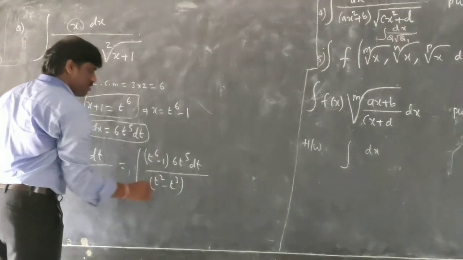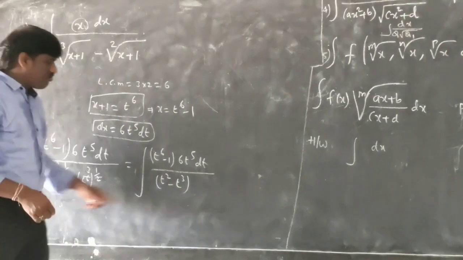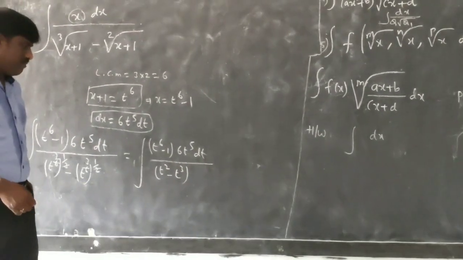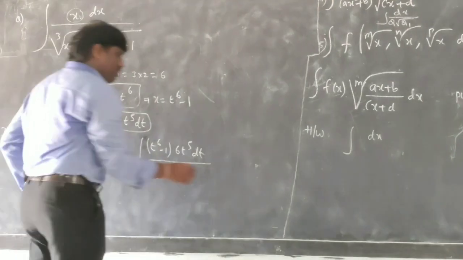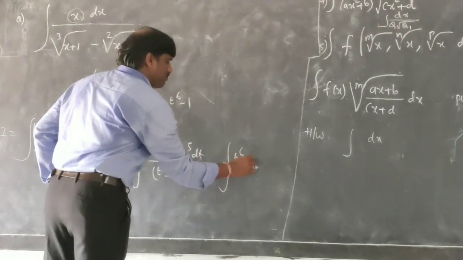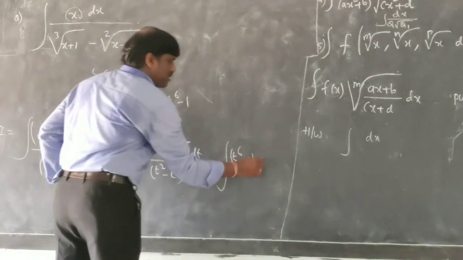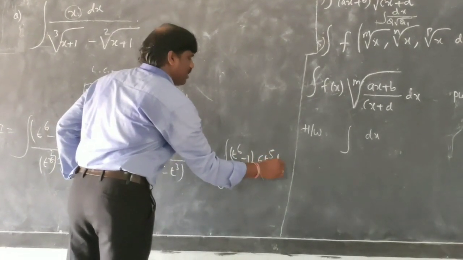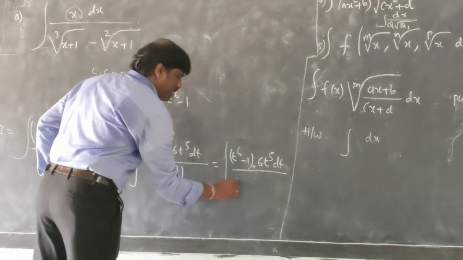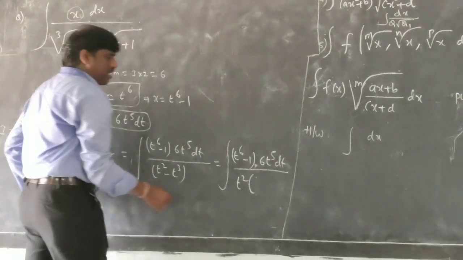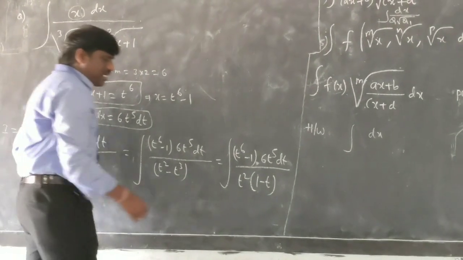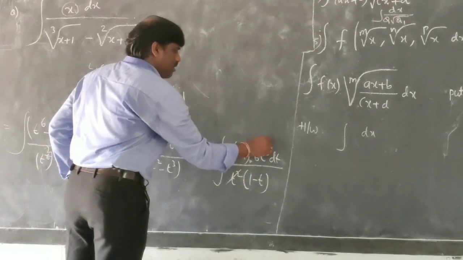In these both terms I can see that t square can be taken common. If I take t square common, integration of t power 6 minus 1 into 6 t power 5 dt divided by t square into, when I take t square common, here I get 1 minus t. So this t square can cancel.